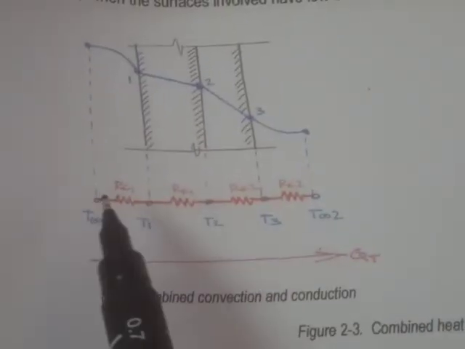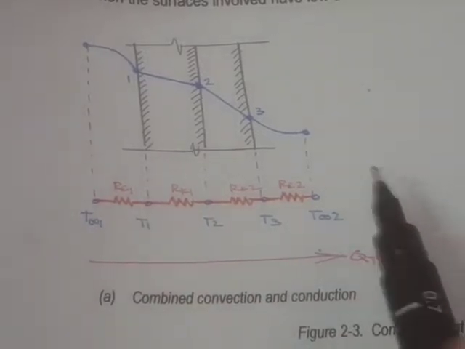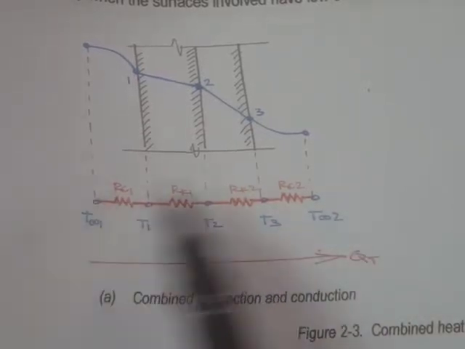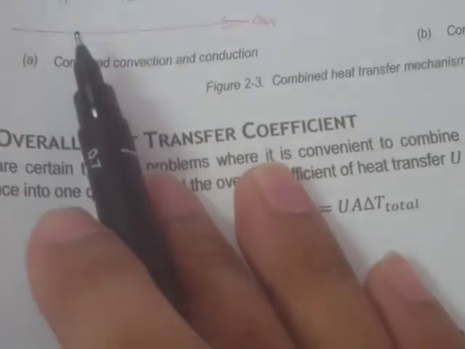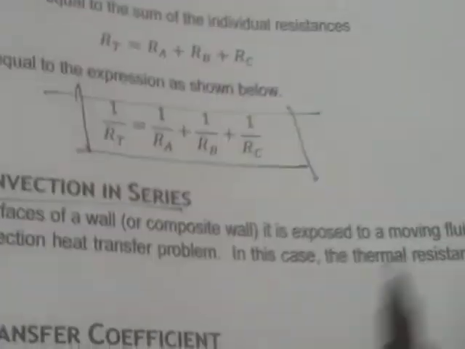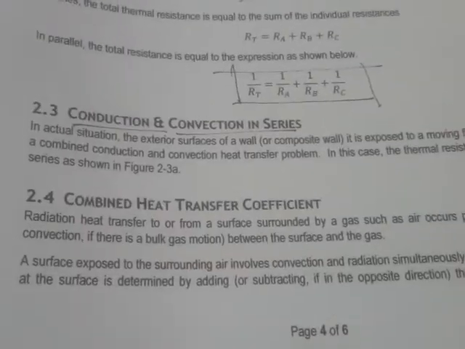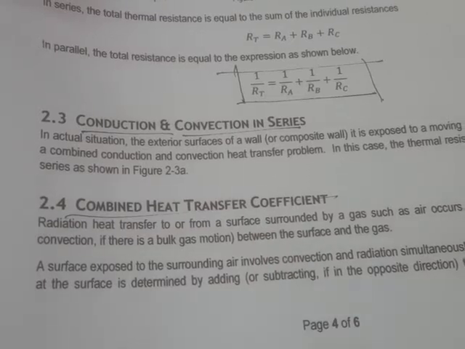Okay, so if we sum this up, then that's going to be the R total, and then the driving force or the potential difference or the temperature difference from this point to that point, and we can get the total heat flow.